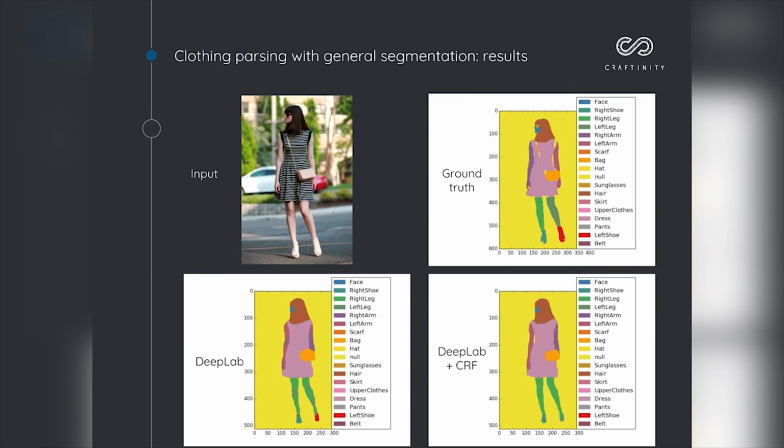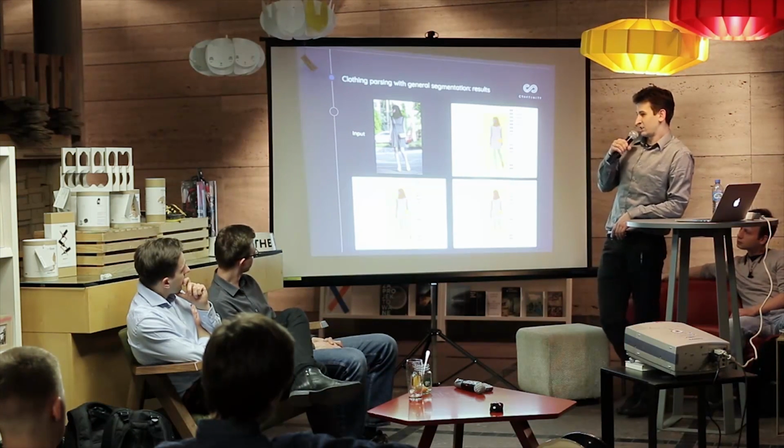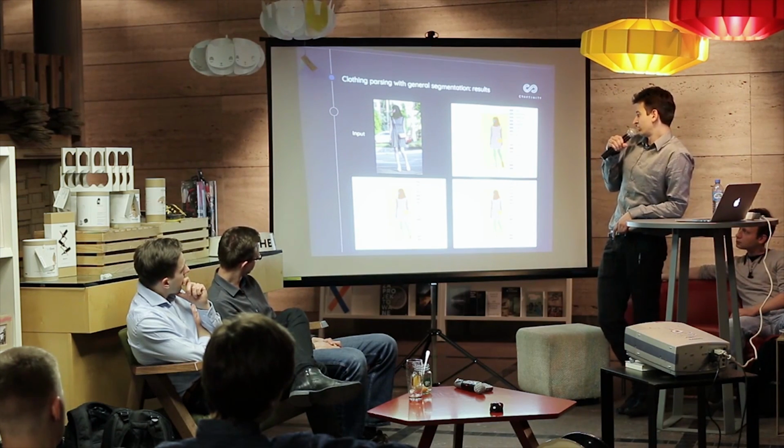Okay, and here you have, at first, the visualization of how it performs on the test set. So you have the input on the left, and on the top right you have the ground truth mask, and below there are the predictions of the DeepLab model, with and without CRF.